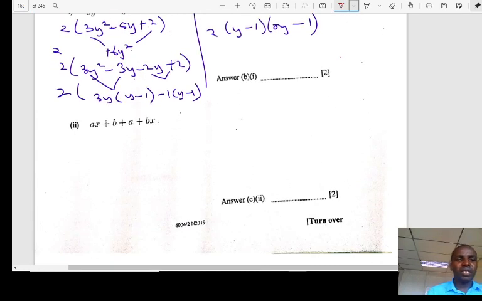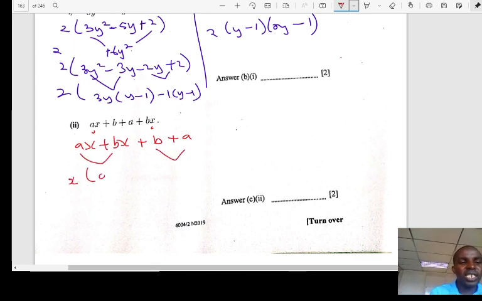ax plus b plus a plus bx, right? This one you collect terms, ax and bx. So you say ax plus bx. It is another type of factorization where there are 4 terms. So you take this one and this one, this one and this one. You factor out x here, it will be a plus b. You factor out 1 here, there's no factor, it will be b plus a.